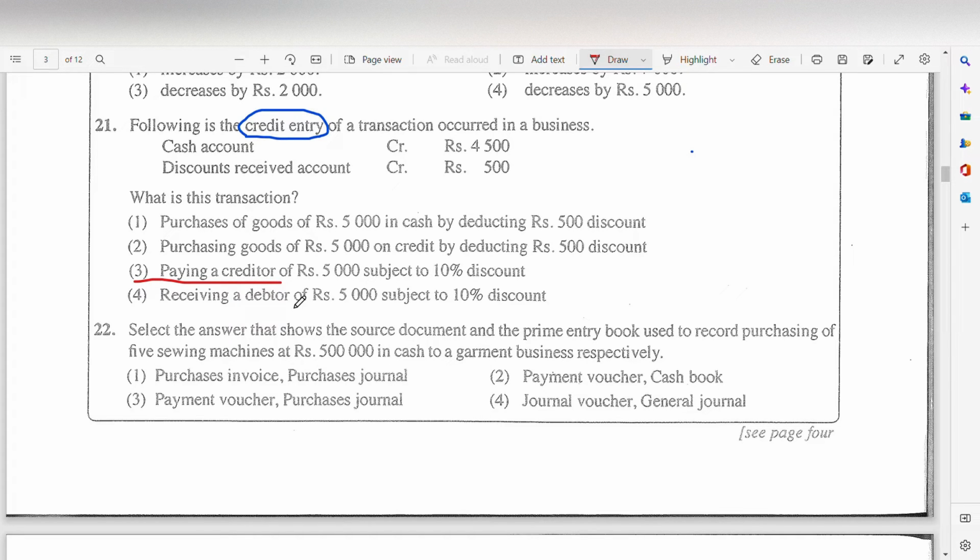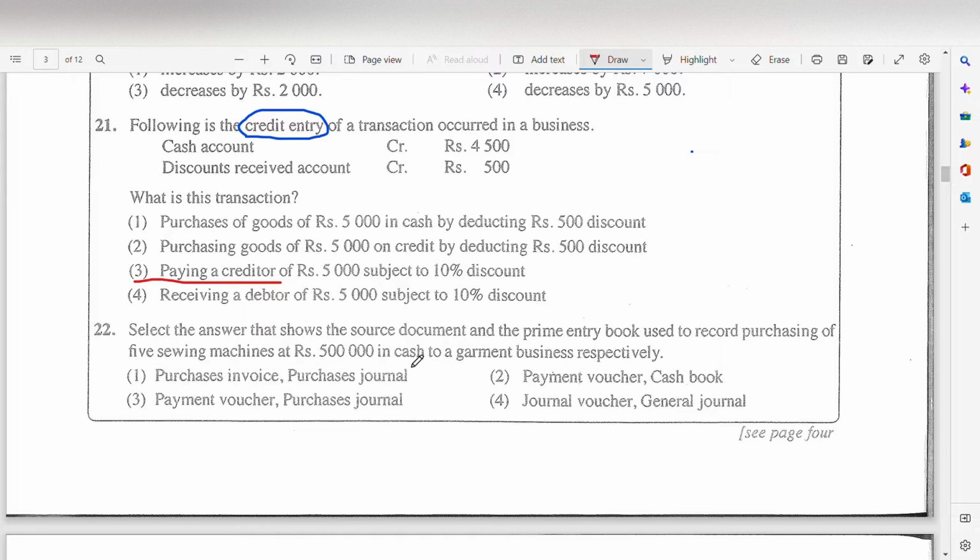22nd question. Select the answer that shows the source document and the prime entry book used to record purchasing of 5 sewing machines at rupees 500,000 in cash by a garment business respectively. So you need to find the source document and the prime entry book.